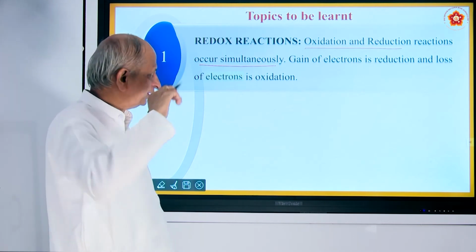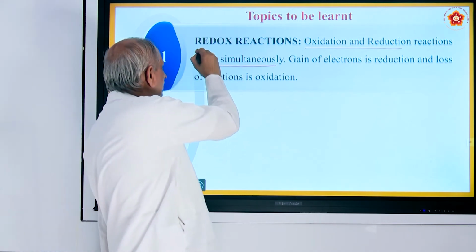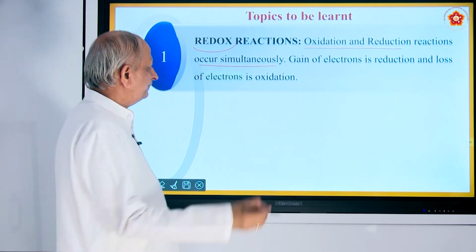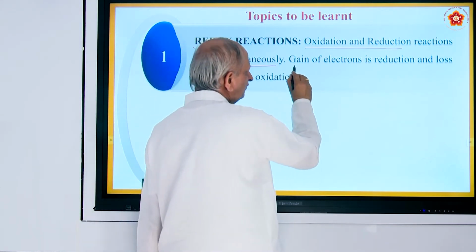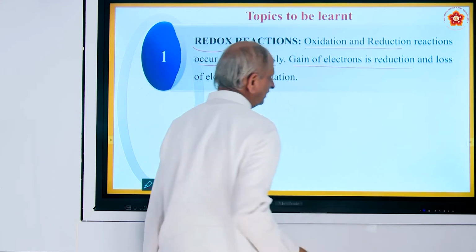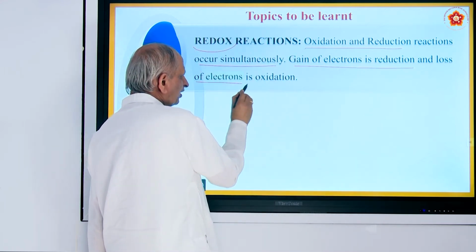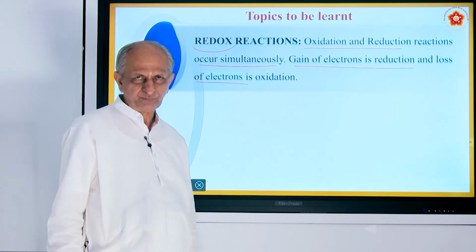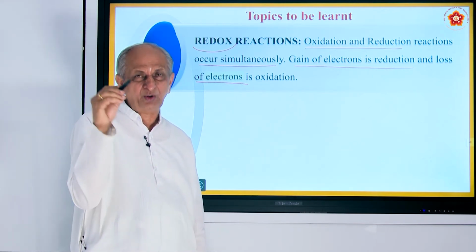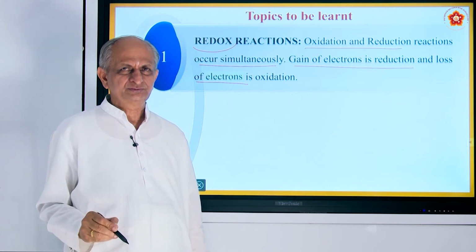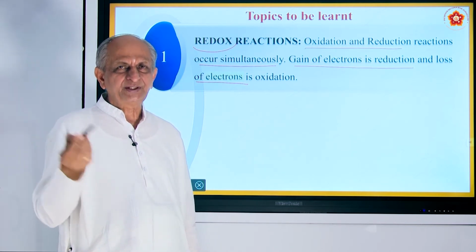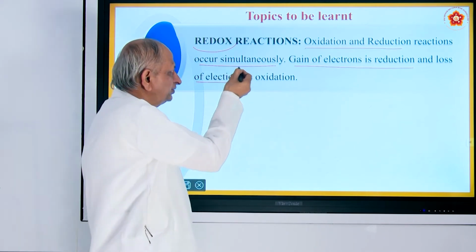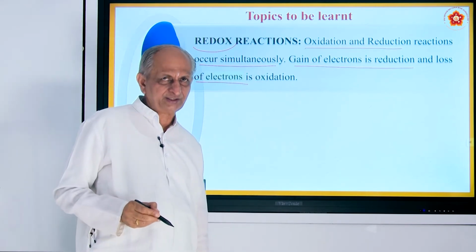So the reactions together are called redox reaction. Here gain of electrons is reduction, loss of electrons is oxidation. Usually metals give out electrons, non-metals gain electrons in all reactions.